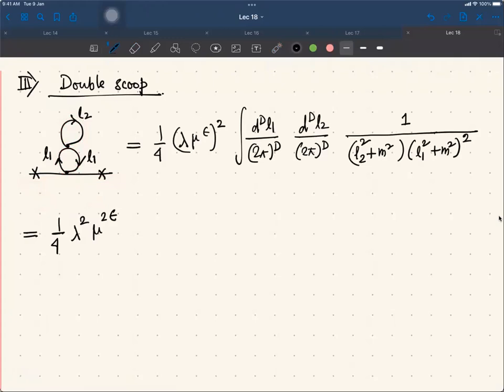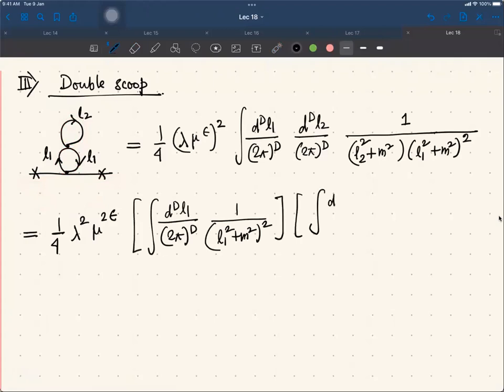So I can just write them as dd L1 by 2 pi to the power d, 1 over L1 square plus m square whole square, times dd L2.